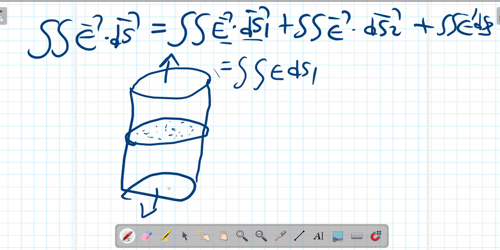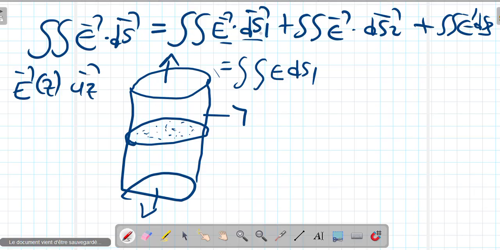By convention, this is how we present the surfaces, by their direction. We said E has one variable and it's in the z direction, so E is either up or down. So the question is, are E and dS1 in the same direction? The answer is yes. So multiply them, and with the dot product you forget about the vectors. See the difference between this step and this step: I no longer have the vectors.